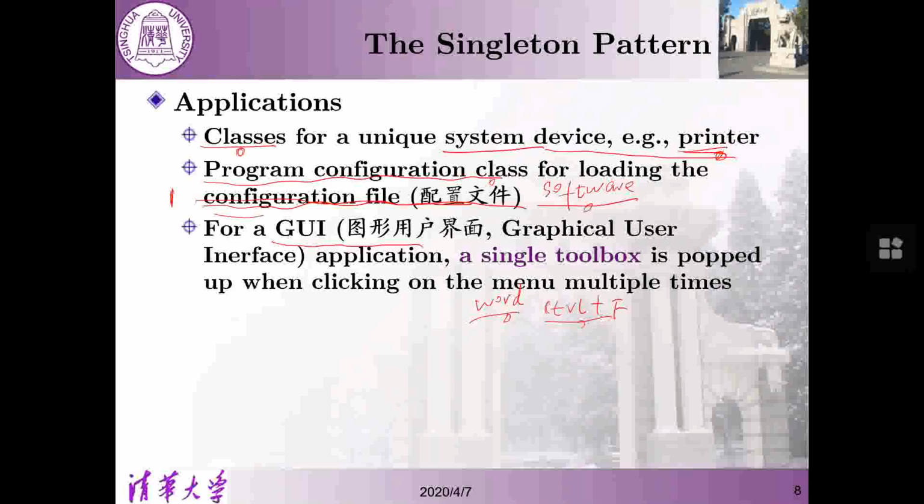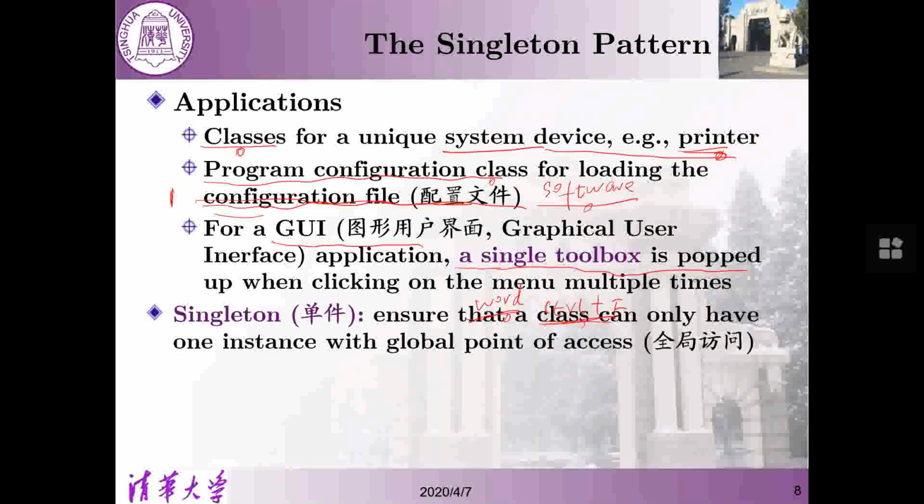We do not want to pop up many different search dialogs when searching in one Word document. The search dialog should be popped up only once, so we should have a single instance of this search dialog. So this is another case of using the singleton design pattern.